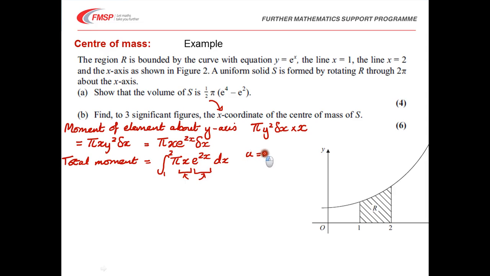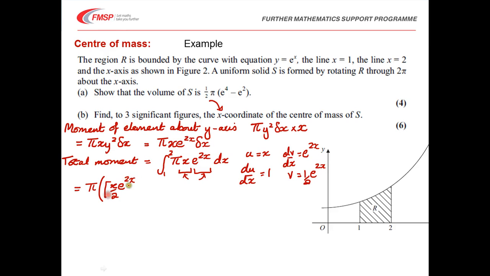So using parts, u equals x, dv dx is e to the 2x. Differentiating, du dx is 1, and v is a half e to the 2x. So our integral becomes, I'm just going to take a factor of pi outside of the whole expression, pi times uv becomes x over 2 e to the 2x.